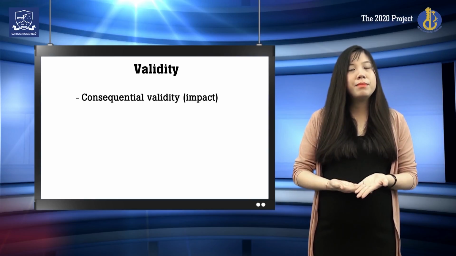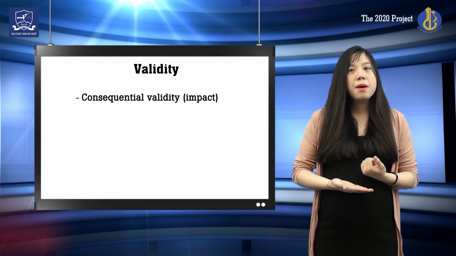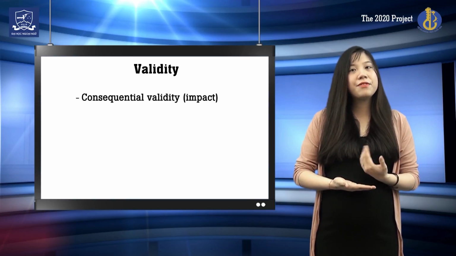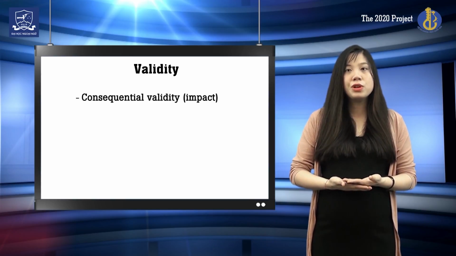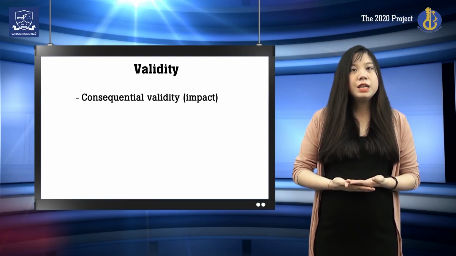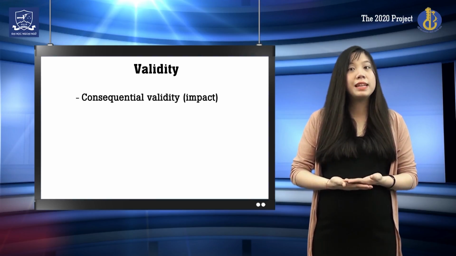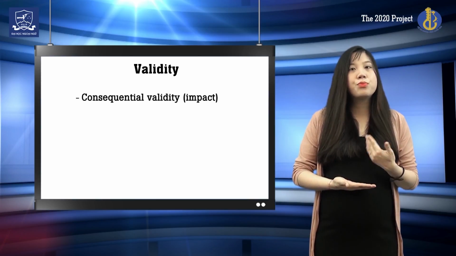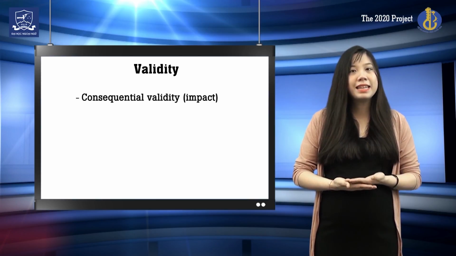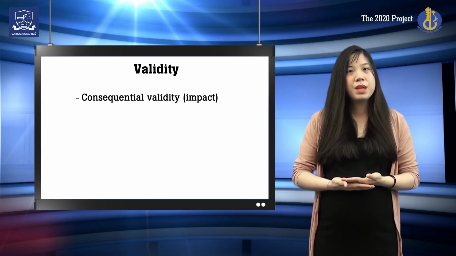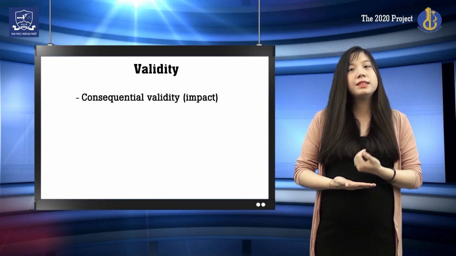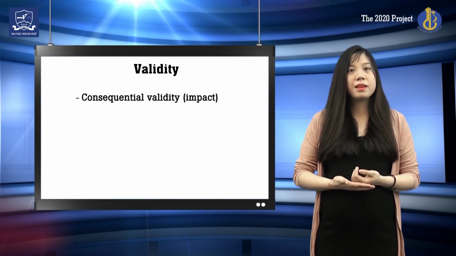Bachman and Palmer in 1996, McNamara in 2000, Davies in 2003, and Choi in 2008 use the term impact to refer to consequential validity, perhaps more broadly encompassing the many consequences of assessment before and after a test administration.